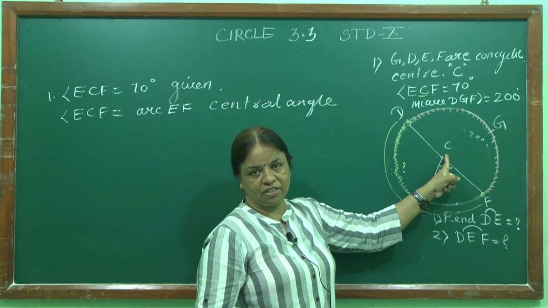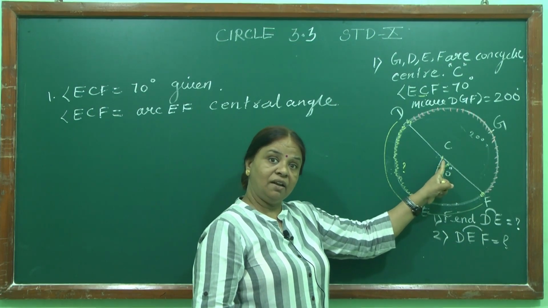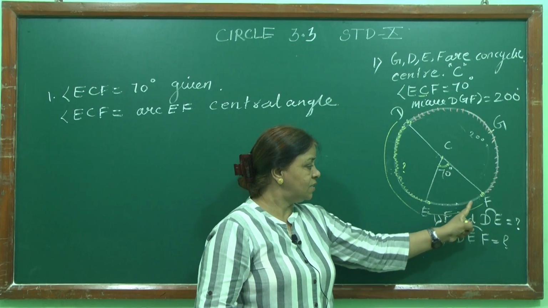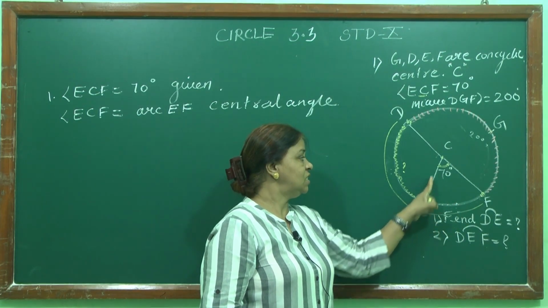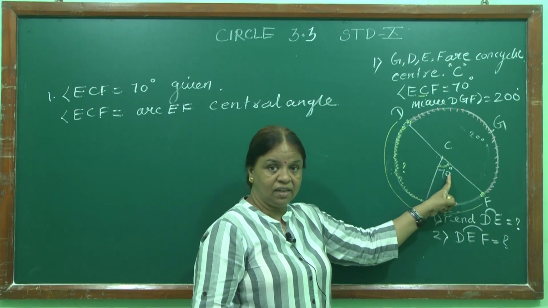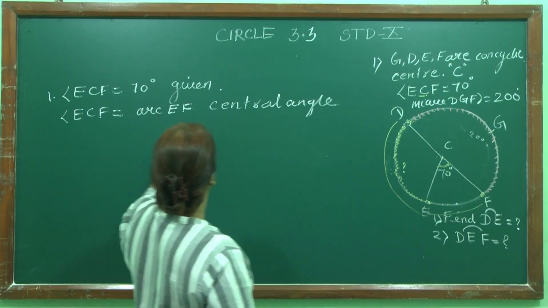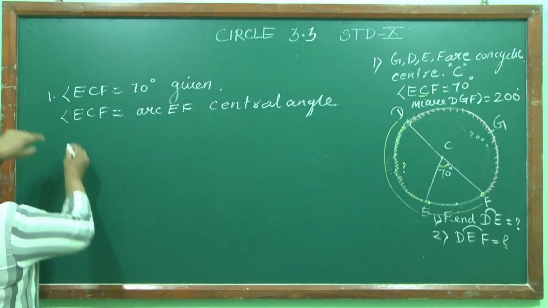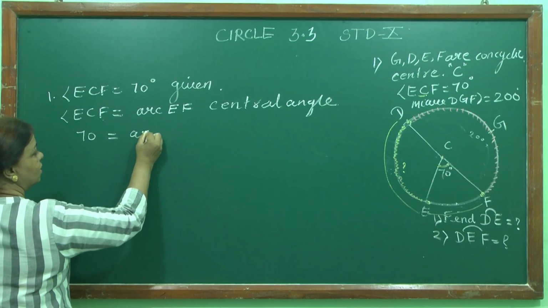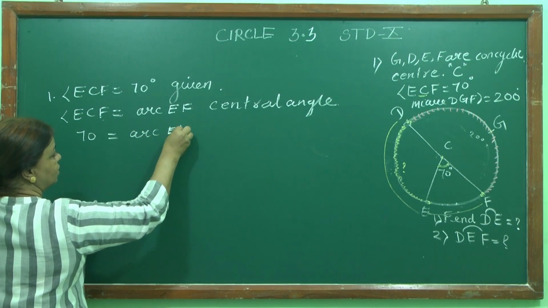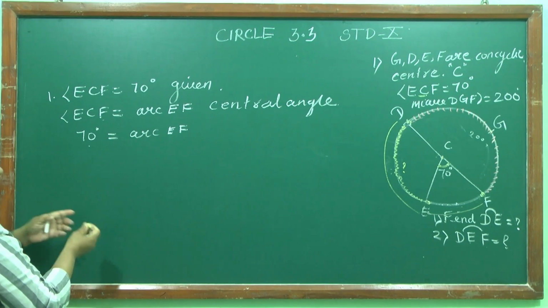C is the center of the circle and angle ECF is the central angle, and therefore the arc intercepted by the central angle is EF. So arc EF will also be 70 degree. We got arc EF.